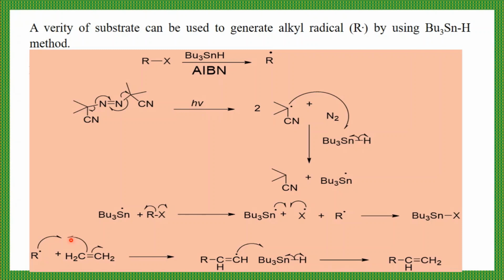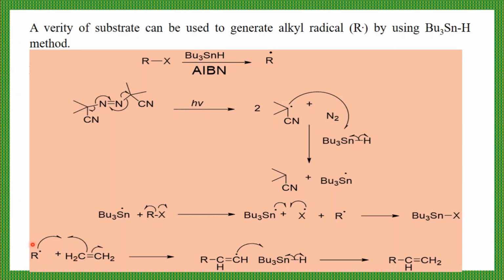So here it is an example of intermolecular carbon-carbon bond formation, because you are forming the bond between two different molecules, the R molecule and this ethylene molecule.